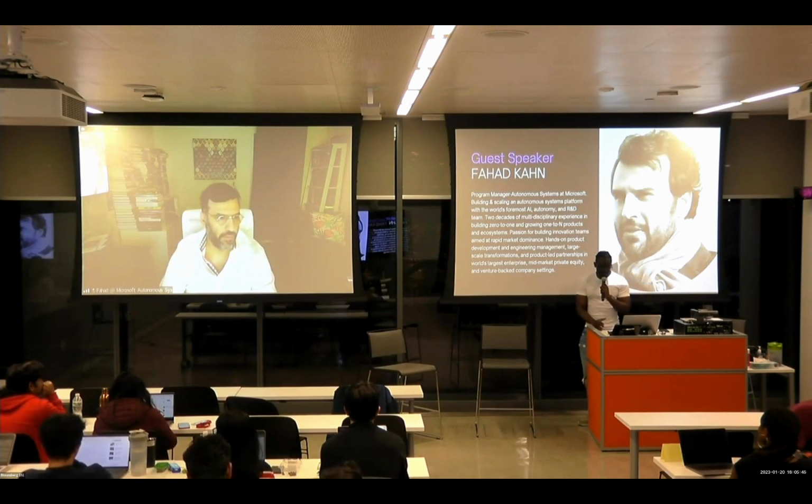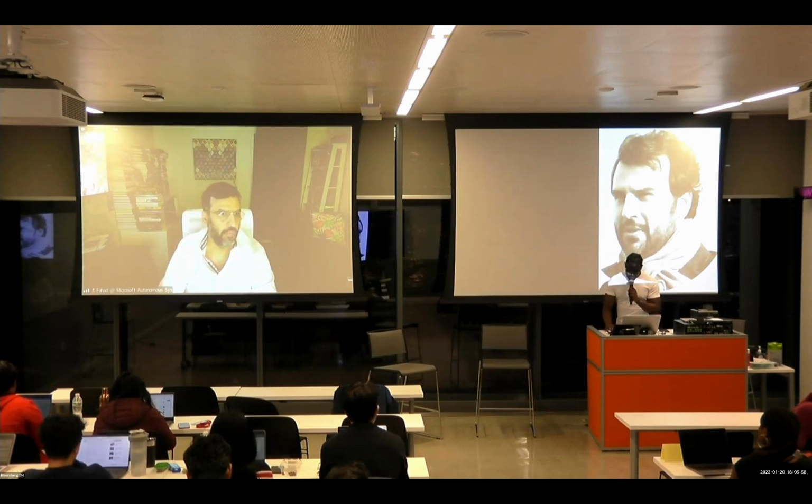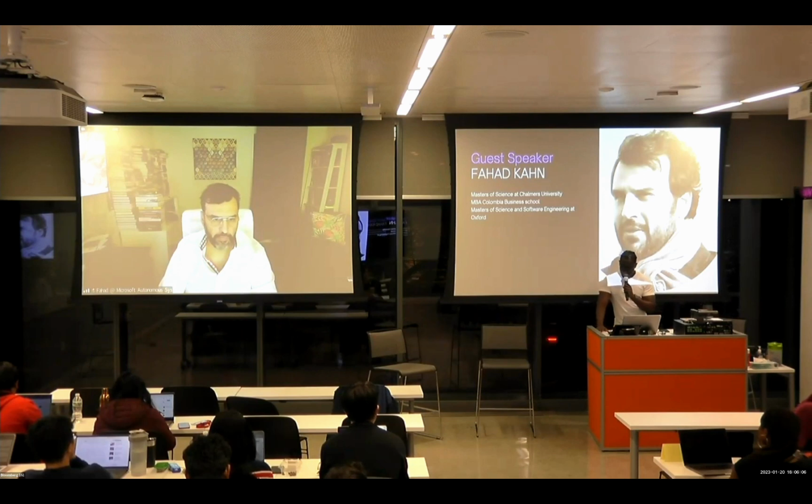He has hands-on product development, engineering management, large-scale transformations, and product-lead partnerships in the world's largest enterprise. He did his master's at Chalmers University, MBA at Columbia Business School, and Masters of Software at Oxford. Without further ado, please help me welcome Fahad Khan.